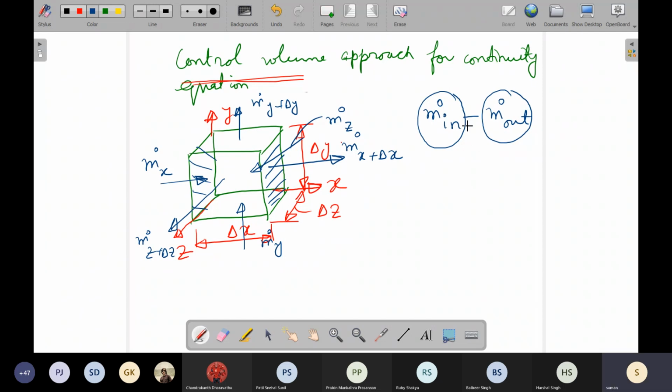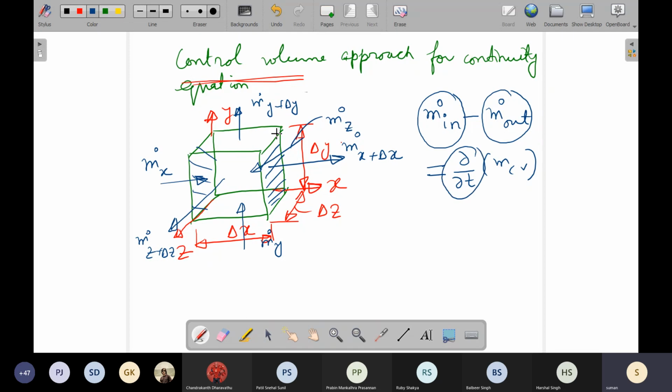So 10 kg per second entering and 1 kg per second leaving. The remaining 9 kg per second will simply increase the mass within this control volume over time. So we can say that this is nothing but the time rate of change of mass within the control volume. Why partial derivative?